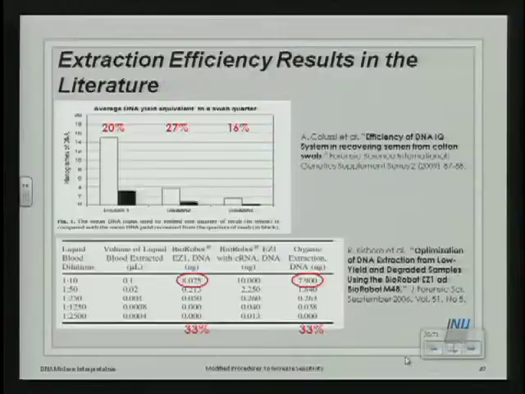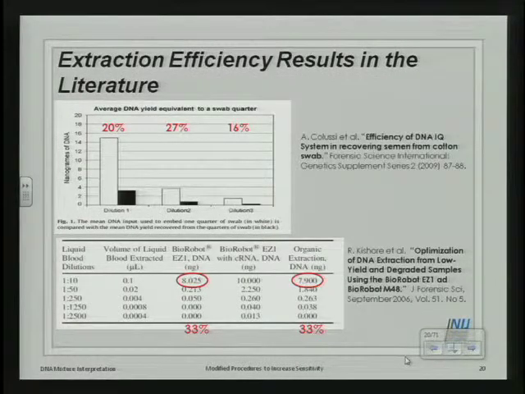This is from FSI Genetics Supplemental Series in 2009, looking at recovery of semen from cotton swabs, and they are showing here that you're getting less than 30% recovery. Here's another paper from JFS looking at about 33% recovery by putting known amounts of DNA and then extracting.